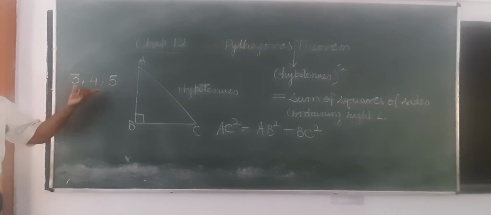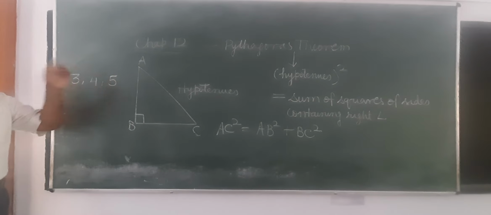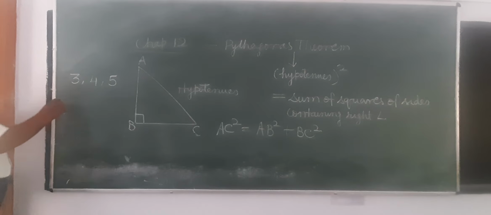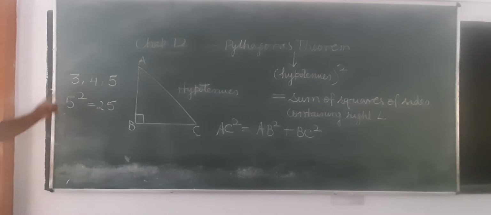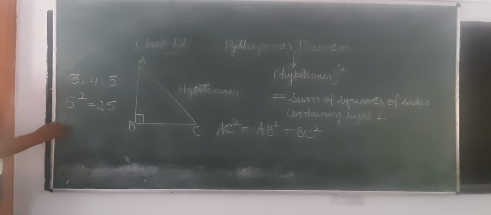We have to find out whether these are the sides of a right angle triangle or not. What will you do? You find out the square of the longest side. What is the square of the longest side? 5 square. Then you find out the sum of the squares of the remaining two.